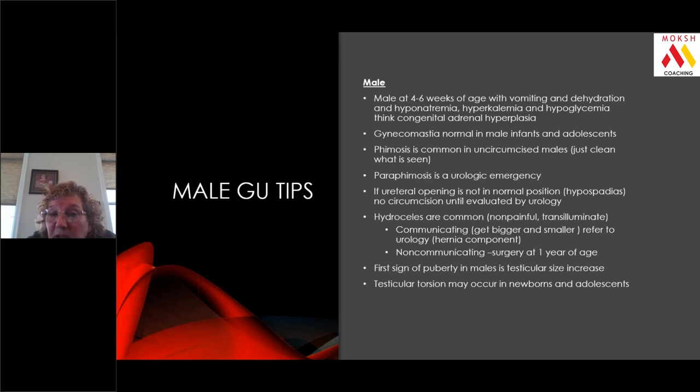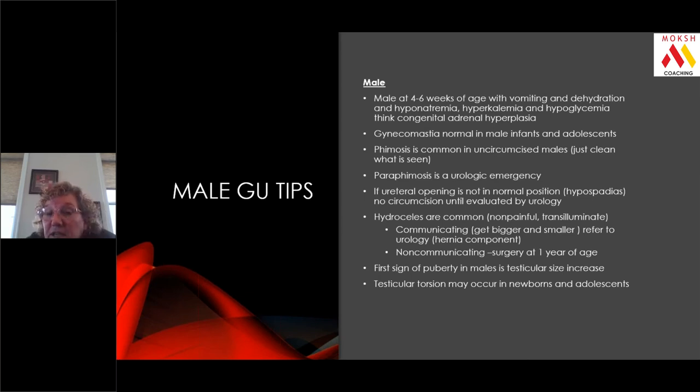Males can have gynecomastia. Fathers always worry about this. Why does my son have breast bud development? That's hormones from mom, and it usually goes away very quickly in the newborn period. Remember, boys, when they start into their hormone adolescent period, they can also have breast bud development, and that's a normal finding.